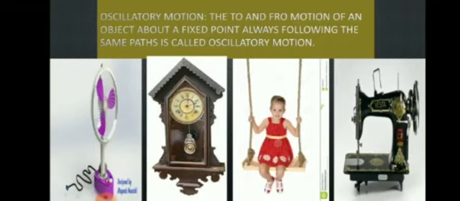Now we can say examples of a needle of a sewing machine, a girl swinging, the movement of a swing, and also the movement of a pendulum of a wall clock and motion of a table fan. These are the examples of oscillatory motion.